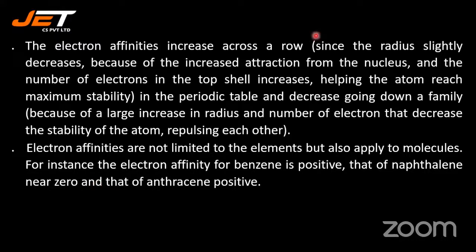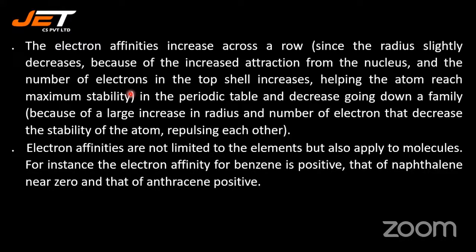These reasons I have written for your board exams. If asked why electron affinity increases across a row, state the correct statement and give the following reason to support your statement. These are the reasons for that.